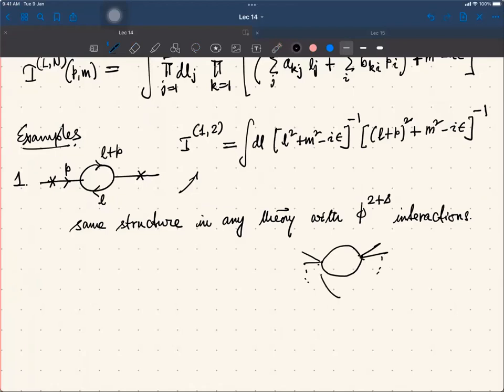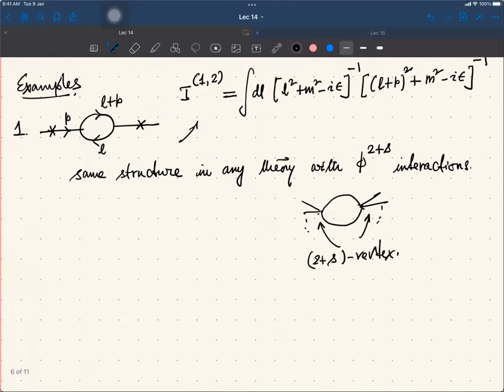So these are 2 plus s vertices. But the point is that all these external momenta are getting injected at this point, and so this line will carry the sum of all these external momenta, whatever number of momentum lines you have, depending on the order of the vertex.